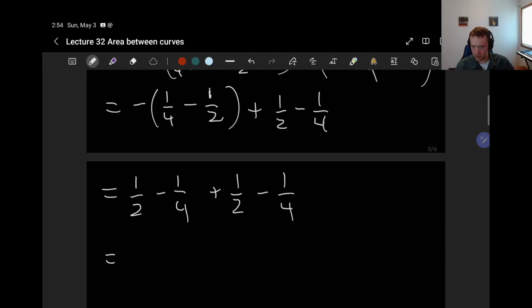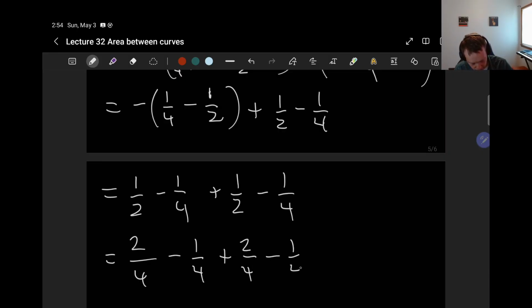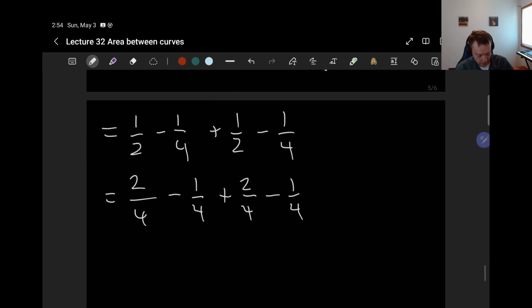Now we can find a common denominator by putting this all over 4. So 2/4 minus 1/4 plus 2/4 minus 1/4. Well, this is 1/4, and so is this.